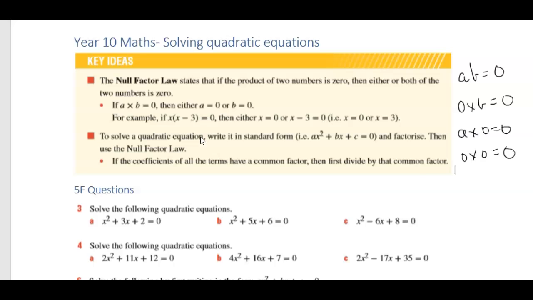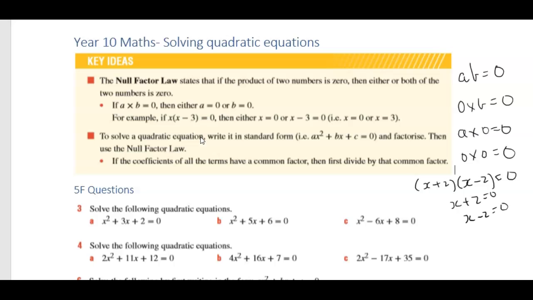So when we're factorizing, I'll use the example I had in that graph before. We've got x plus 2 times x minus 2 equals 0. So that means either x plus 2 is equal to 0 or x minus 2 is equal to 0.